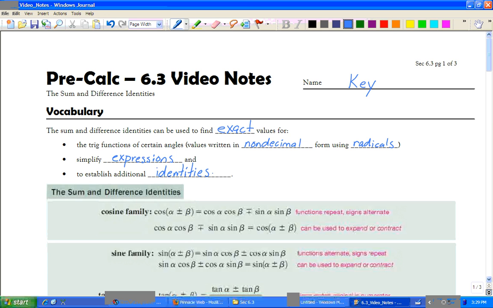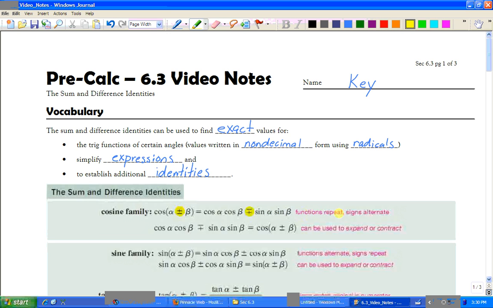Having some difficulty when I move this up to show the sum and difference identities, so I'm going to leave it where it is right now, and hopefully it's going to be okay. But the things I want to point out, there are three different families: the cosine family, the sine family, and the tangent family. With the cosine family, this is the cosine of alpha plus or minus beta, and that equals cosine alpha, cosine beta, minus plus the sine of alpha, sine of beta.